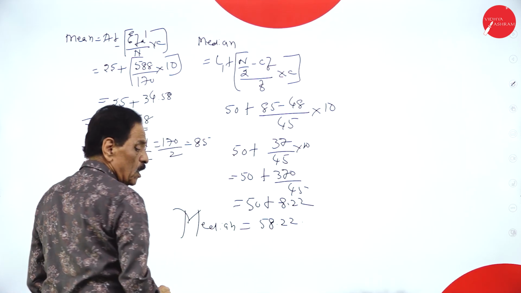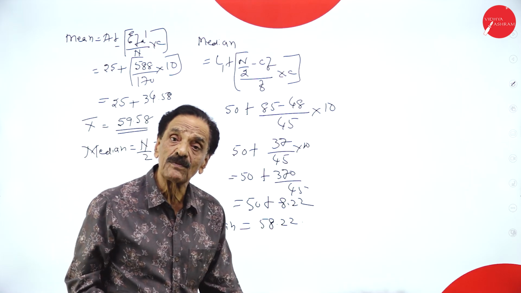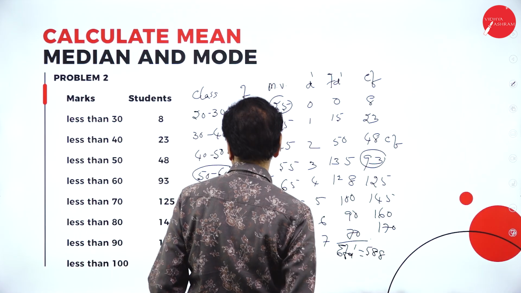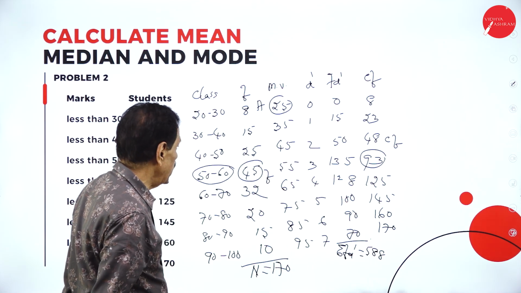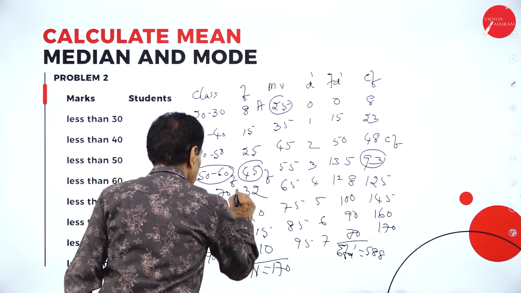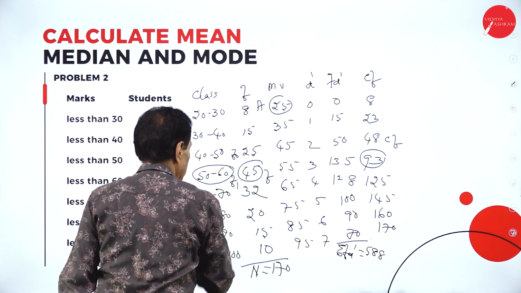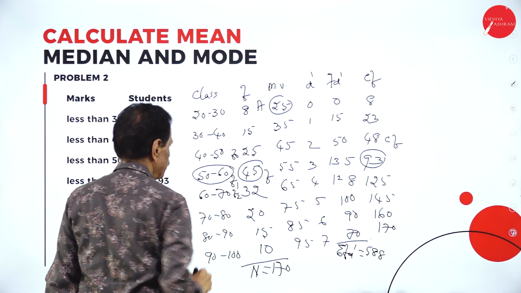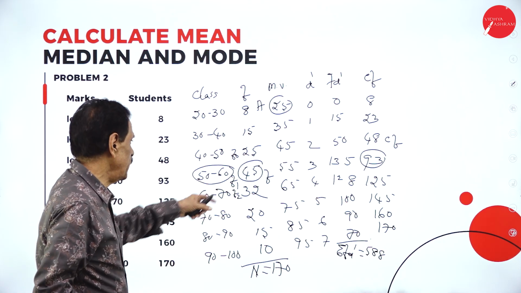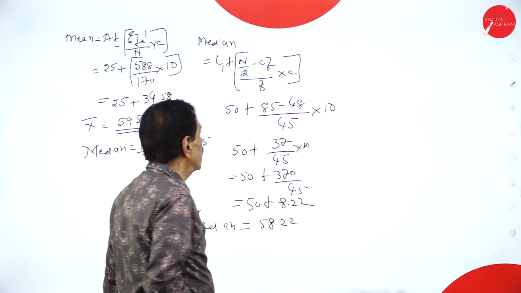Now we'll go to mode. Mode lies in highest frequency. See the problem? Which is your highest frequency here? 45. This is your F1. Behind is F0. Next is F2. Highest 45. Which range? Highest is 50 to 60. We'll write the formula.